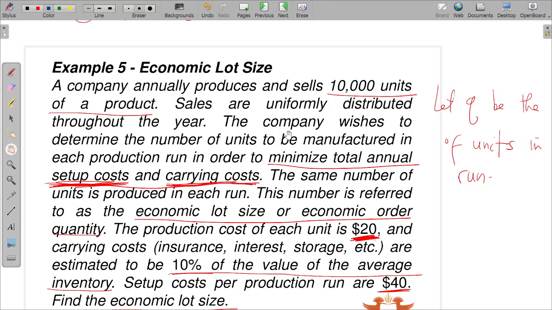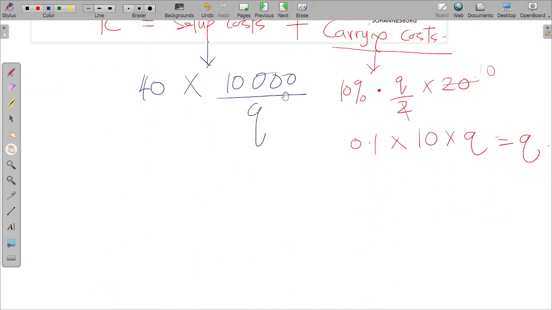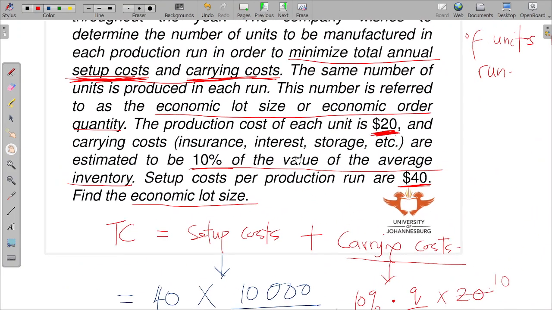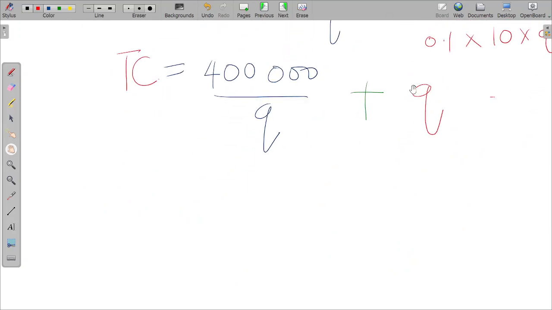Not yet totally done with the equation. Now this becomes 400,000 over Q, and don't forget we are adding plus Q. So that is our total cost.